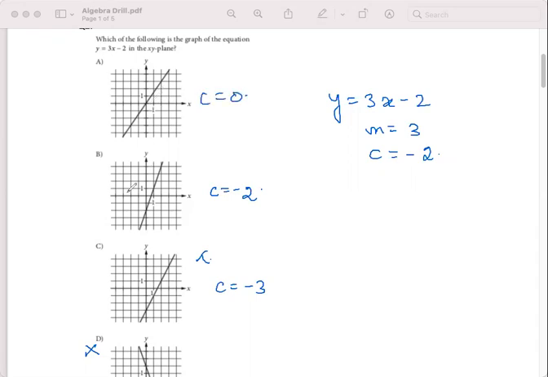So the only option that remains is B. And just to verify the slope, we have the points 0, negative 2 and 1, 1, and that tells me that the slope is indeed 3. So the answer is B.